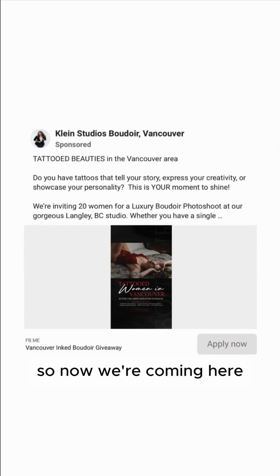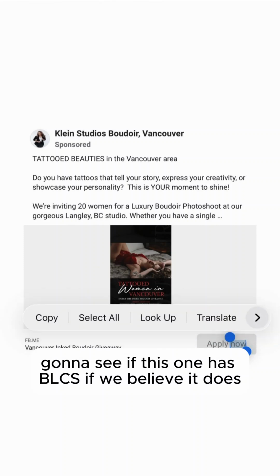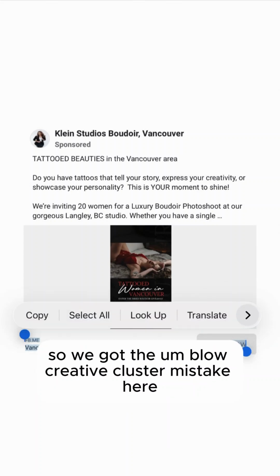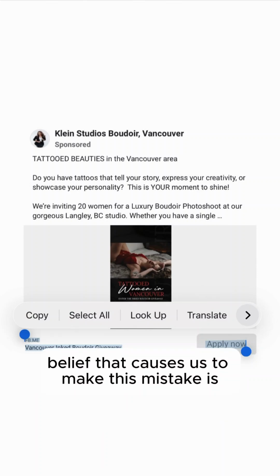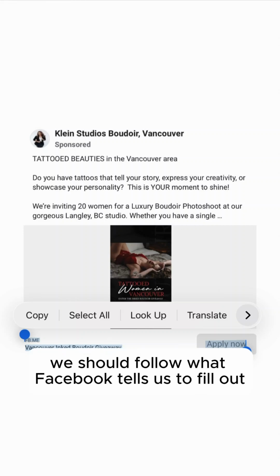So now we're coming here. Going to see if this one has BLCS, or if we believe it does. So we've got the below creative cluster mistake here. The false belief that caused us to make this mistake is that we believe we should follow what Facebook tells us to fill out.